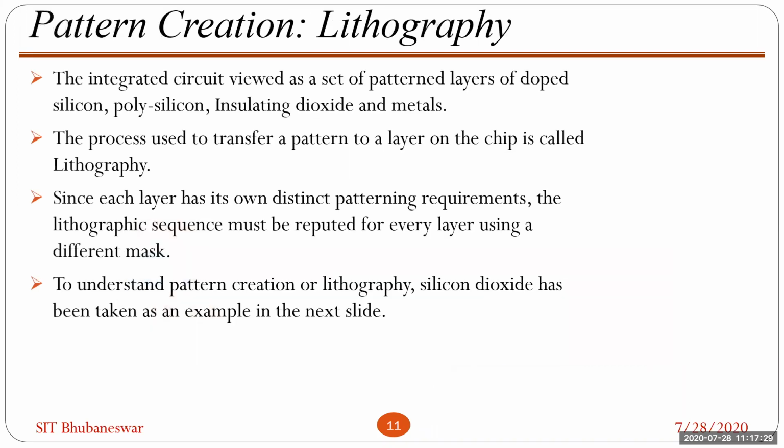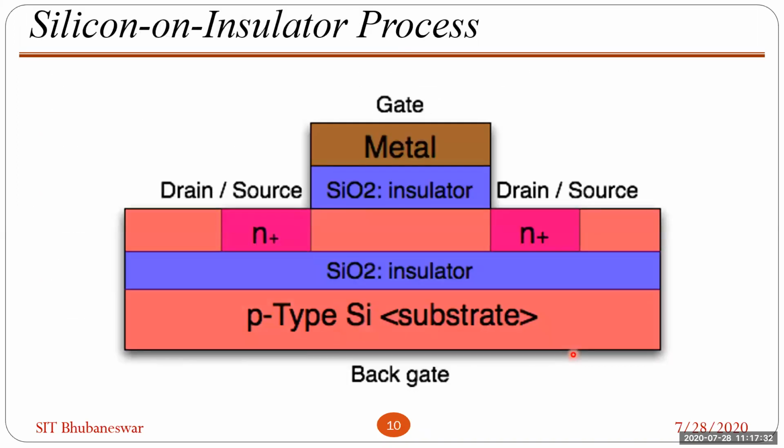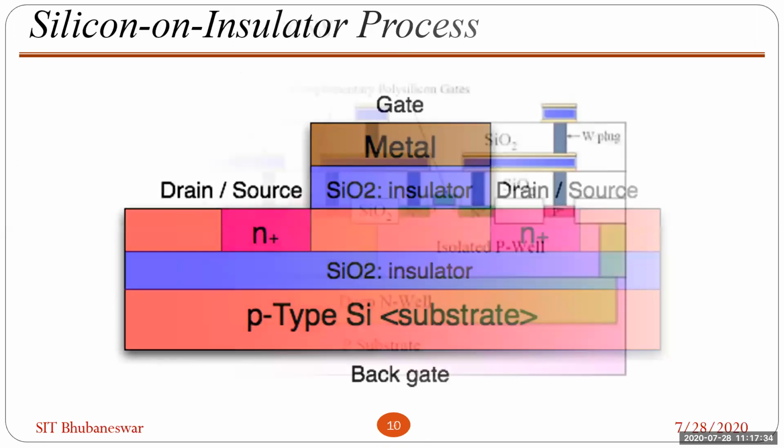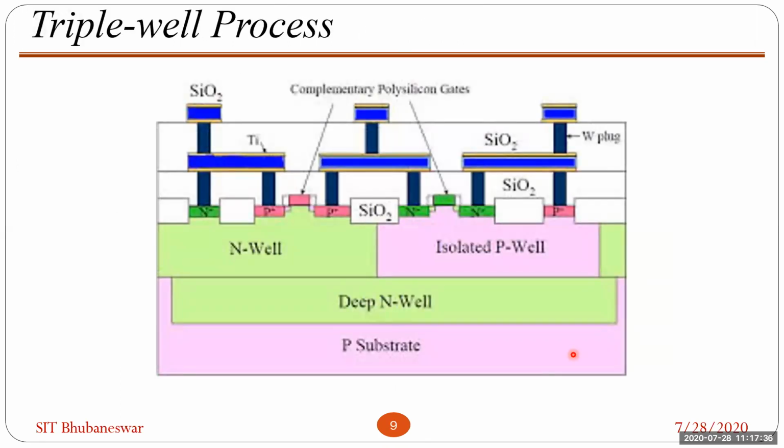In the triple well process, why are we using the deep N well? Deep N well is to make isolation from the P substrate. Generally in high frequency circuits, substrate noise is more. So if the substrate contacts the N well, that noise will be induced here and here.